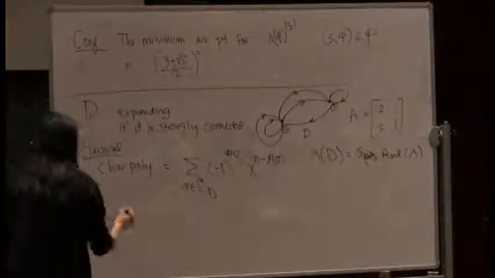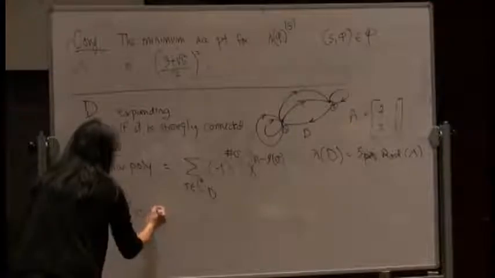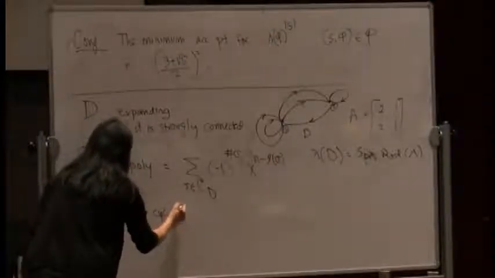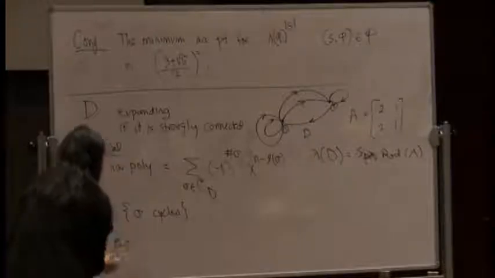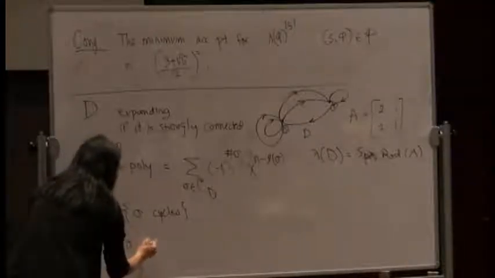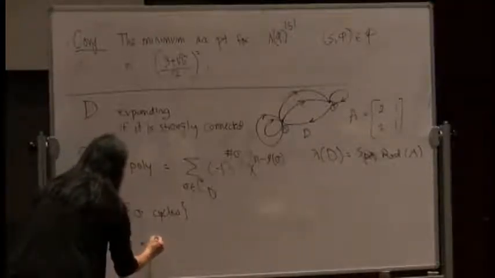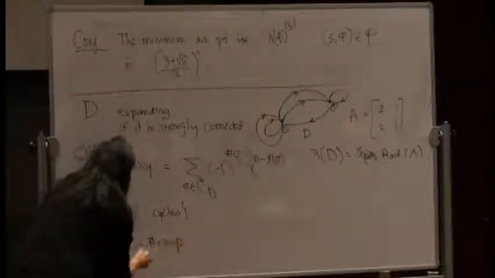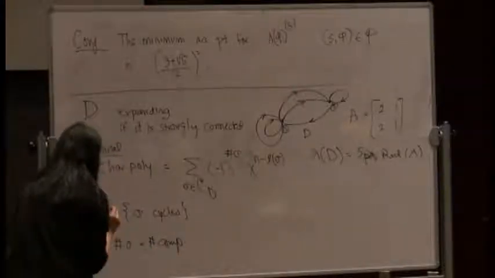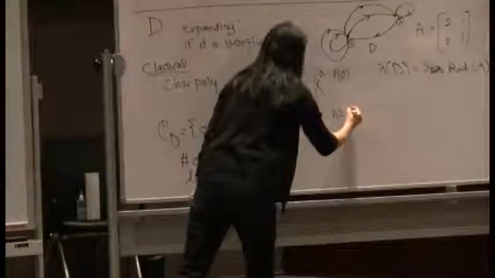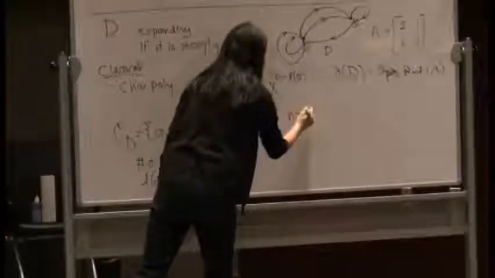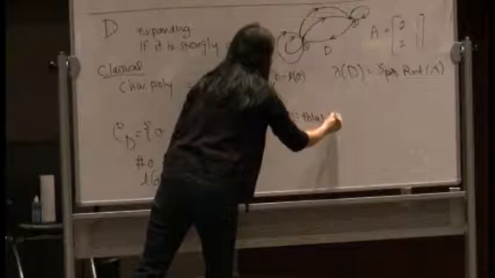Okay, so this is a set of cycles, and it could be a union. It could have different components, so the number of sigma is the number of components, and L of sigma is the number of vertices it passes through. And here n is equal to the total number of vertices.